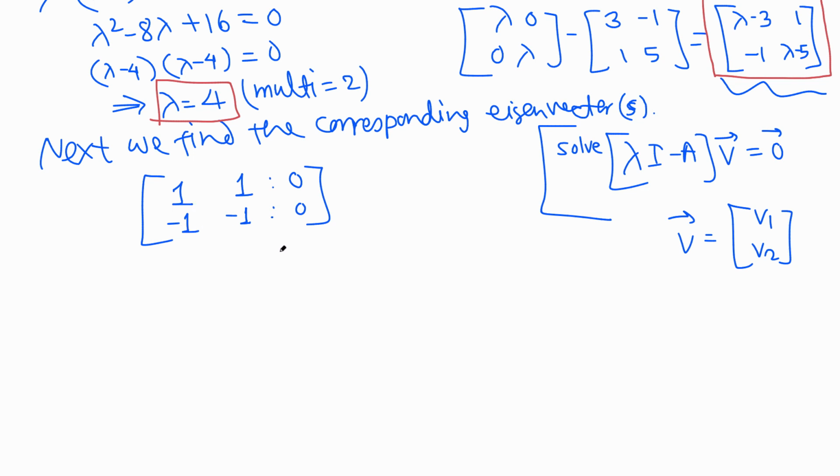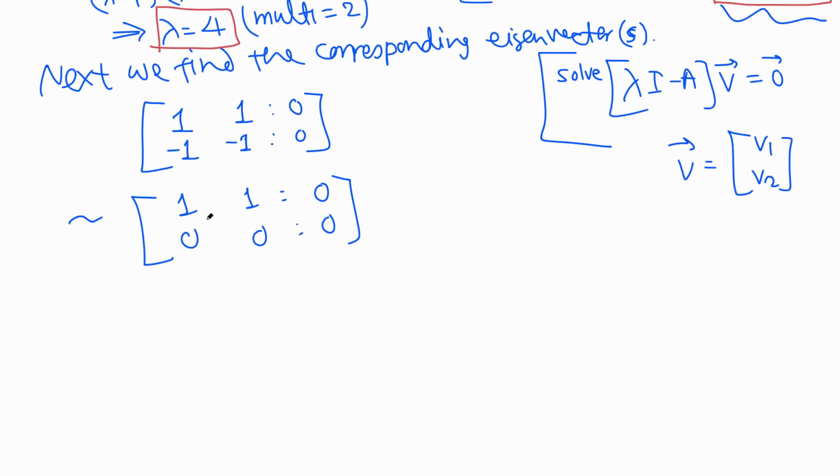Now let's row reduce this. If we add row 1 and row 2, 1 minus 1 is 0, 1 minus 1 is 0, so the second row will be just 0. So this is the same as 1 1 0, 0 0 0. This is already in reduced echelon form, and here is the pivot.